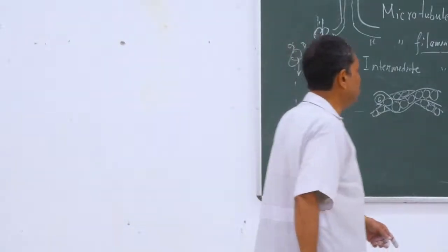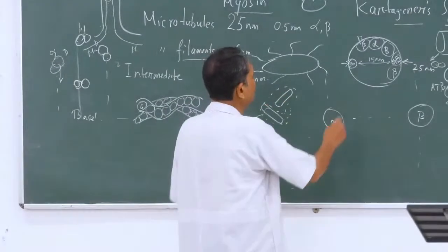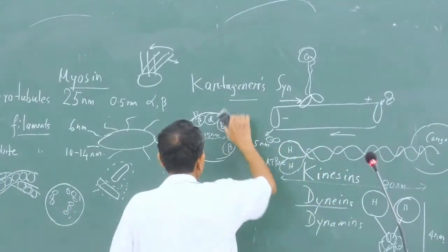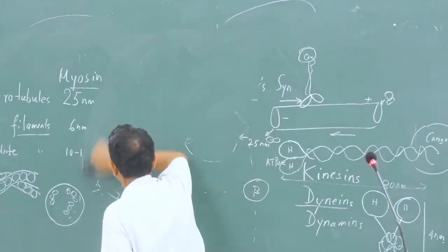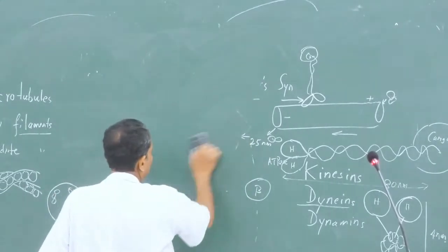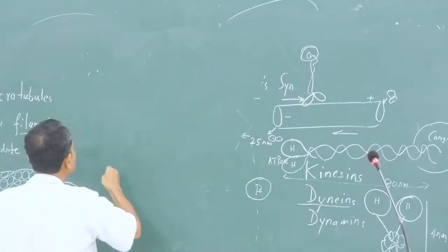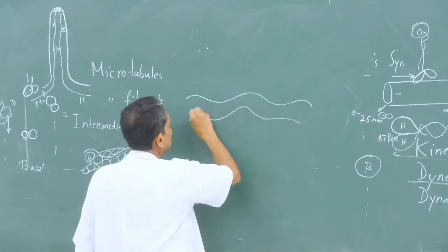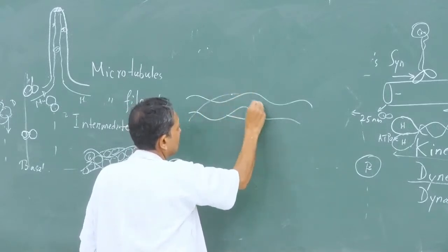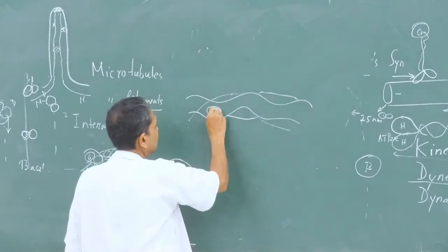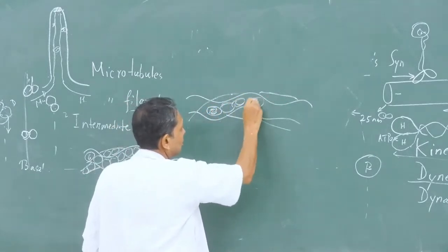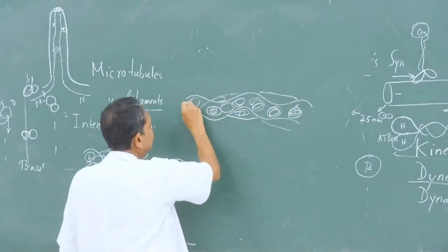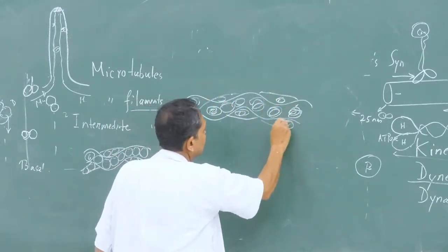Suppose in the case of myosin 2, you will have this type of structure. These are all G actin.